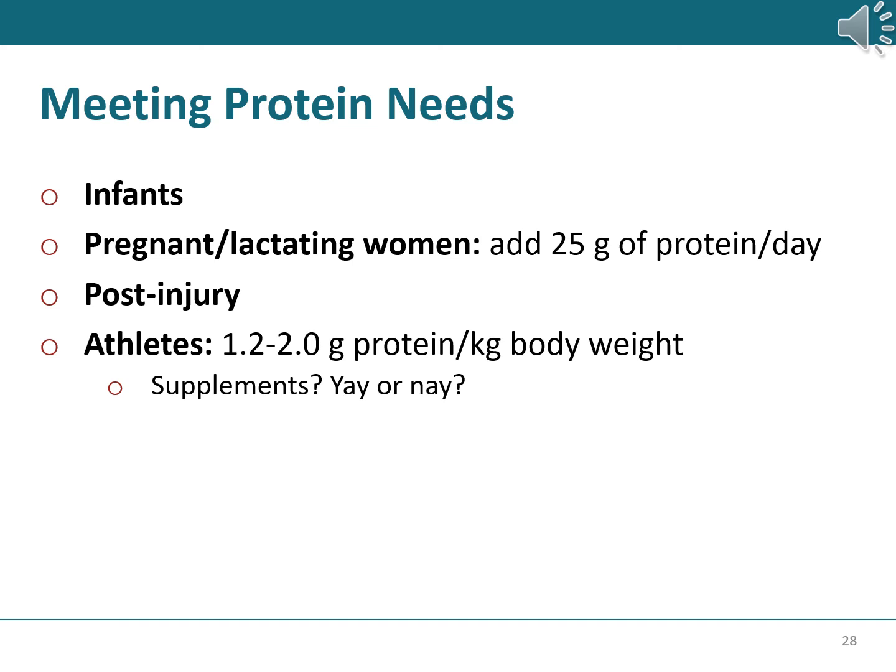And then athletes, again, 1.2 to 2.0 grams of protein per kilogram. The more active you are, and the more that your exercise relies on a greater amount of muscle tissue, the closer that's going to be to that 2.0 range. And rarely does it get over that.